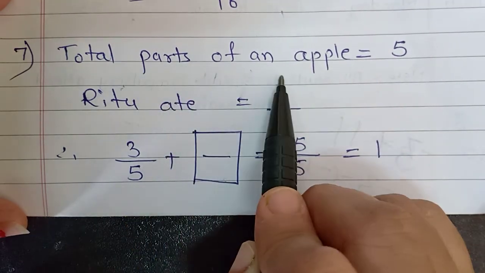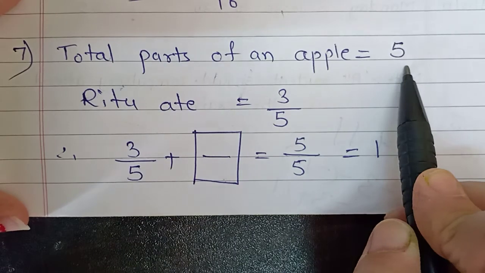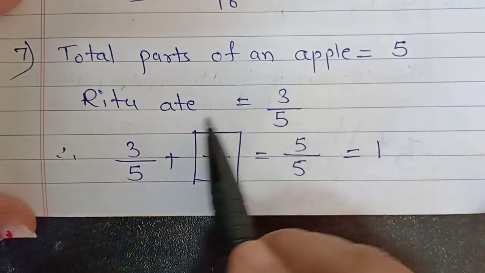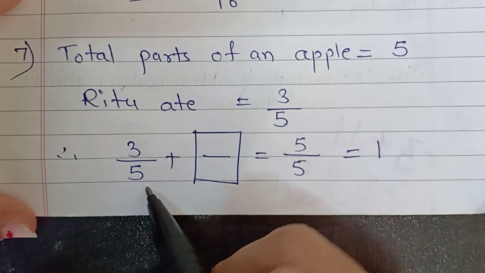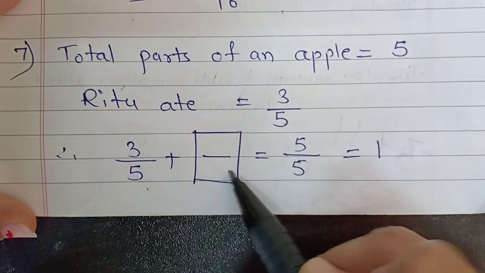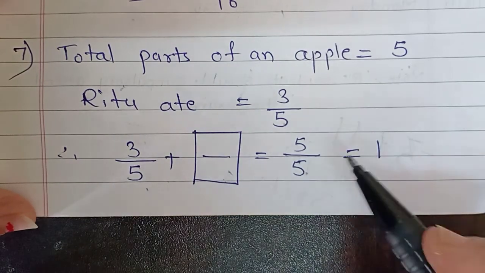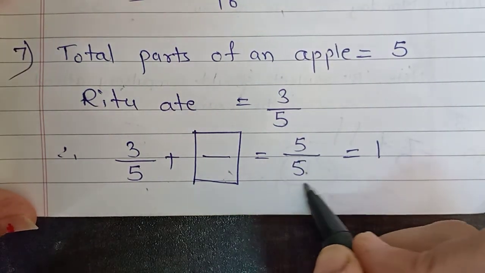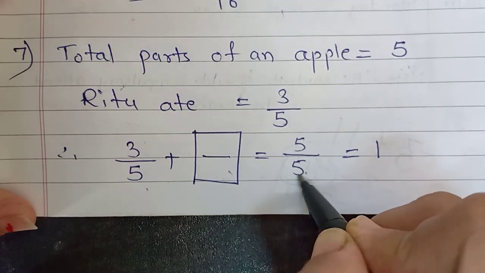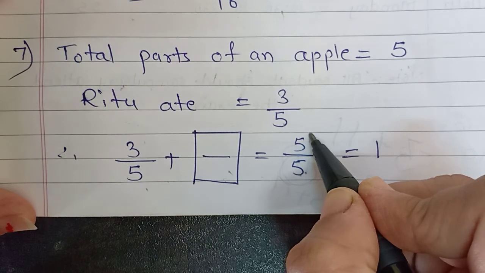Total parts of an apple is equal to 5. Now 3/5 plus Somu's share is equal to 5/5. Means what? The total number of parts made of the apple was 5 and all the parts were eaten by Ritu and Somu.